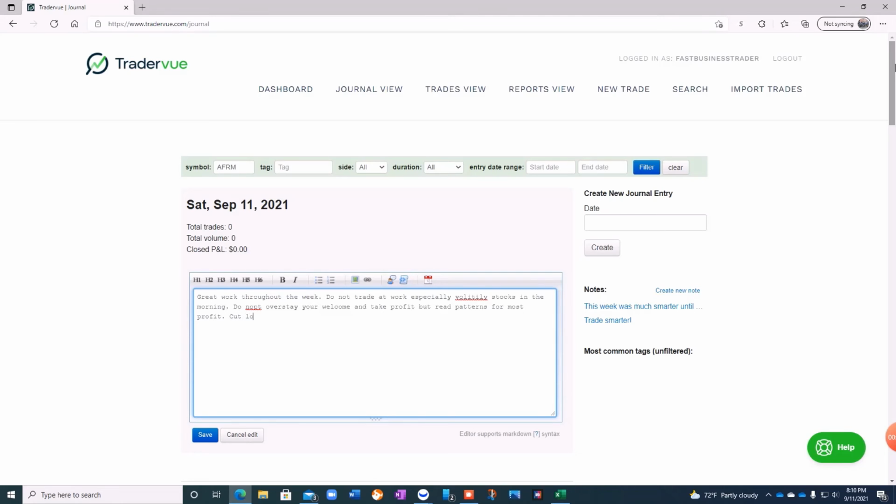Cut losses at desired stop loss and get back in if needed after confirmation. Get out of trades when it doesn't make sense anymore.